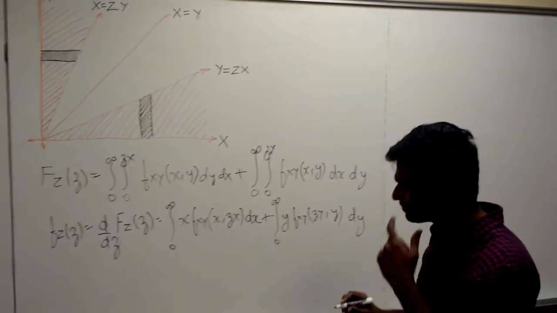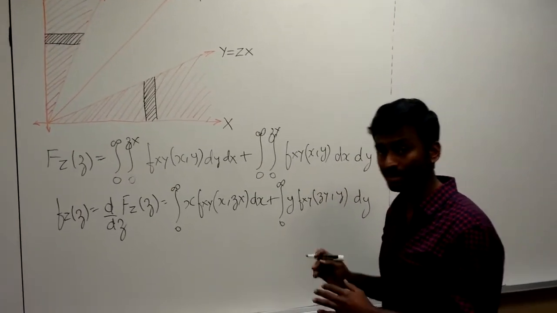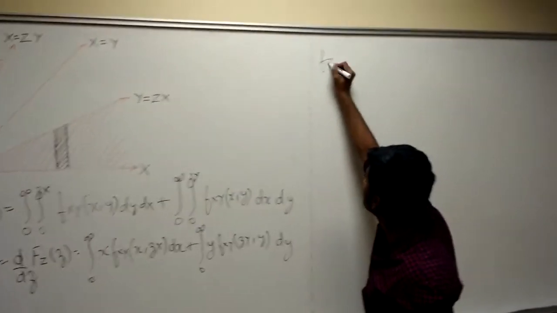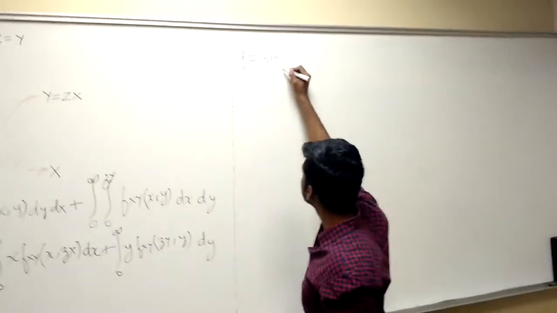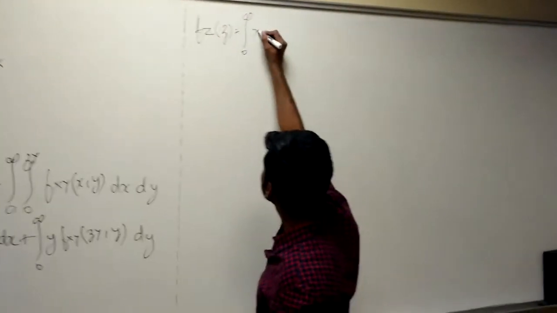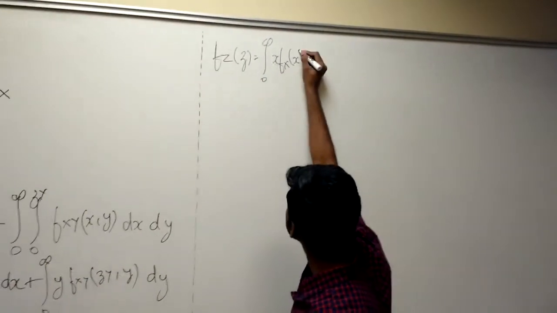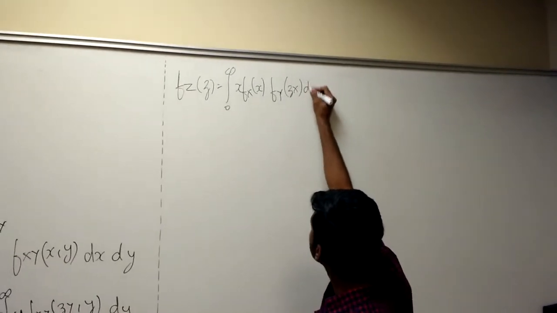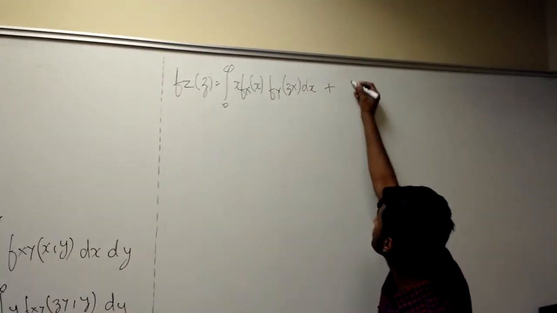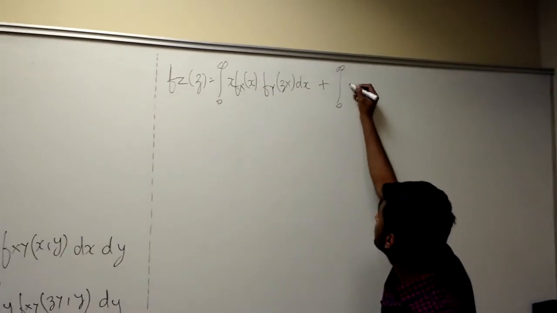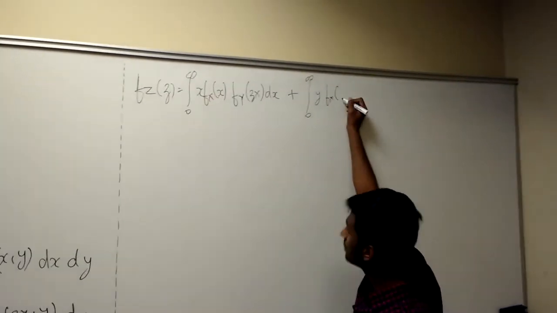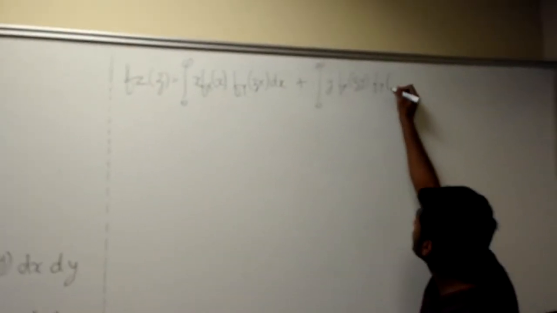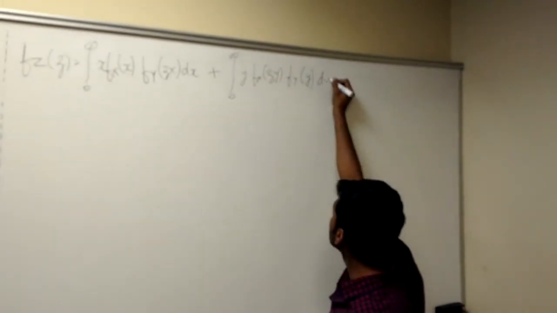Now, as it was given to us that X and Y are independent, on further simplifying we get the density function of Z as the integral from 0 to infinity of x f_X of x f_Y of zx dx plus the integral from 0 to infinity of y f_X of zy f_Y of y dy.